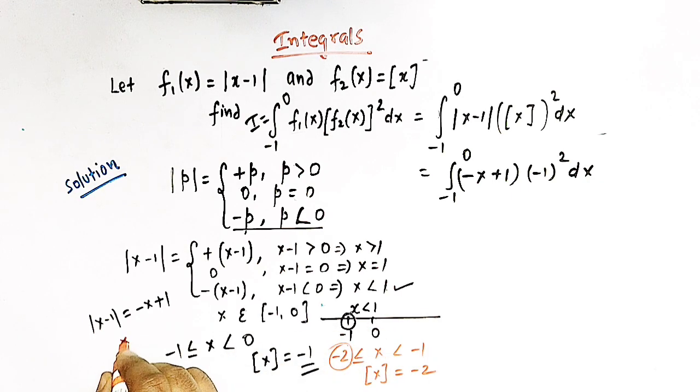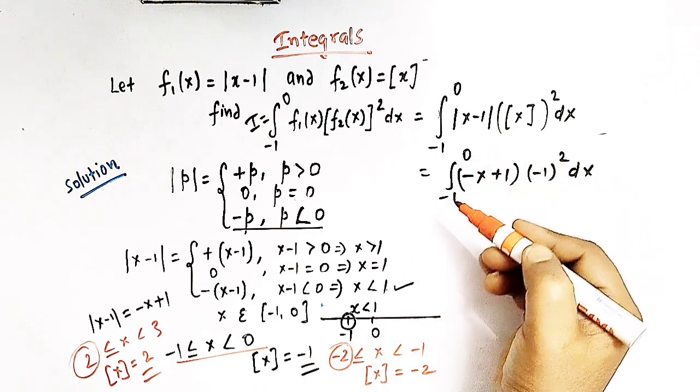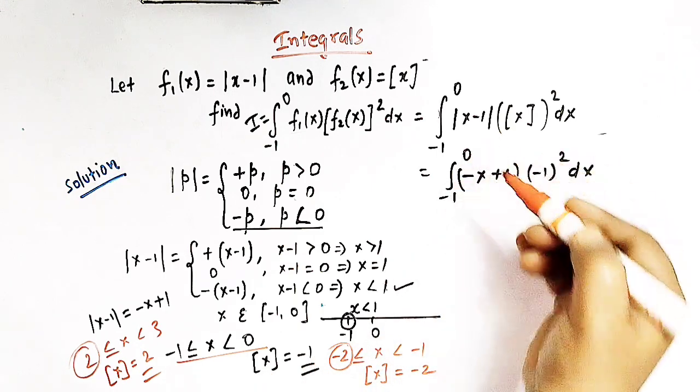And similarly, when x is greater than or equal to say 2 but less than 3, then the greatest integer of x is equal to 2, right? So for x greater than or equal to minus 1 but less than 0, the greatest integer of x is equal to minus 1, because here the limits of integration vary from minus 1 to 0.